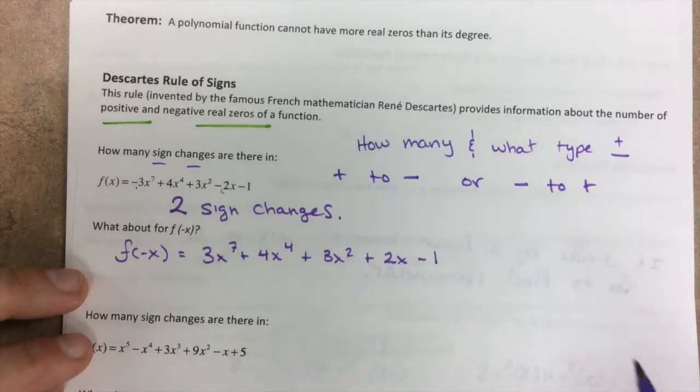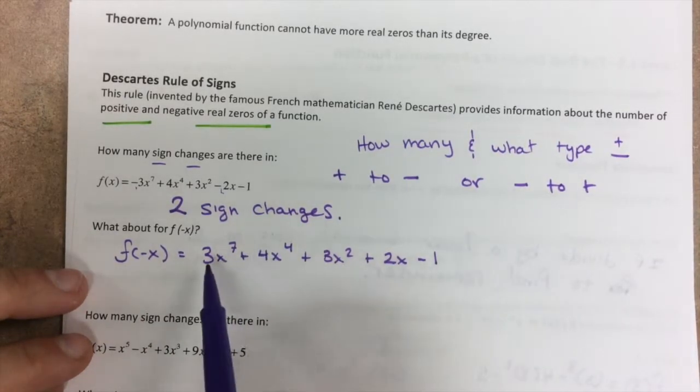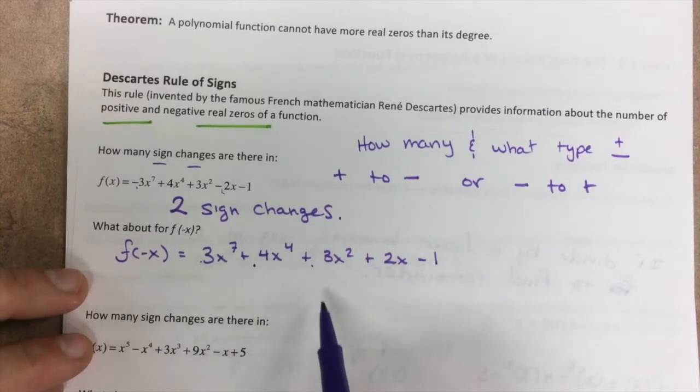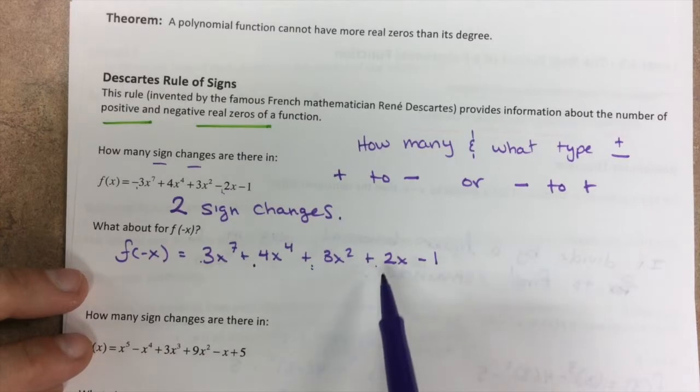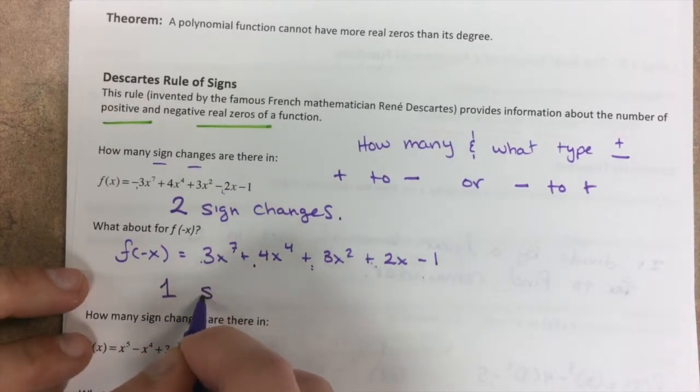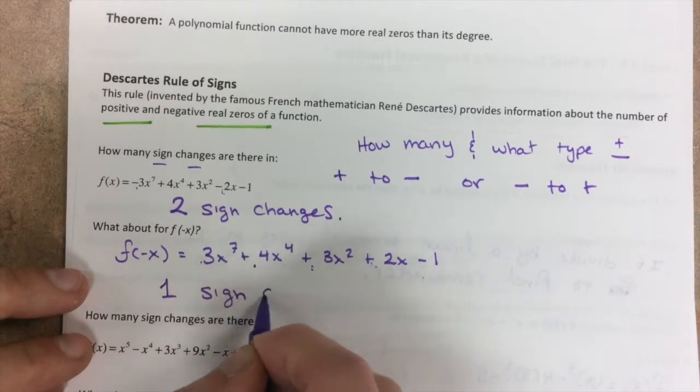So how many sign changes does this have? Positive to positive, positive to positive, positive to positive, positive to negative. So this one has one sign change.